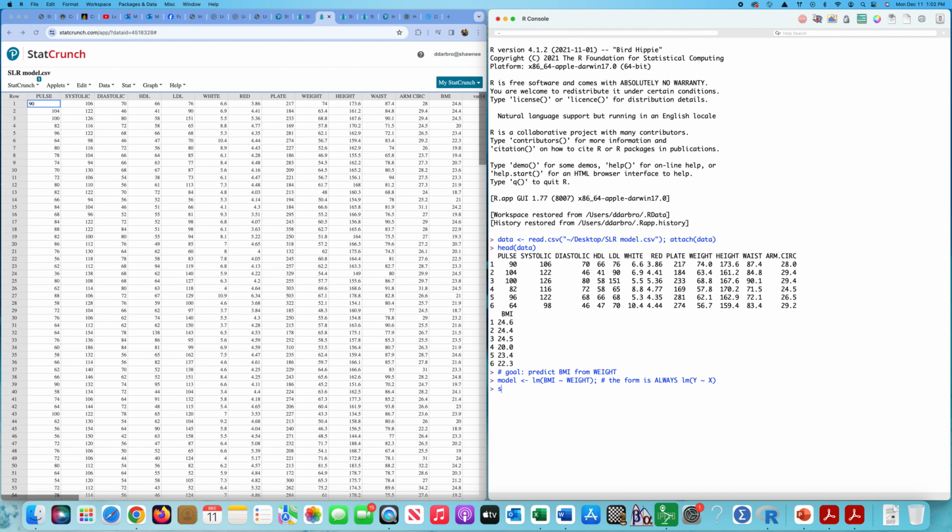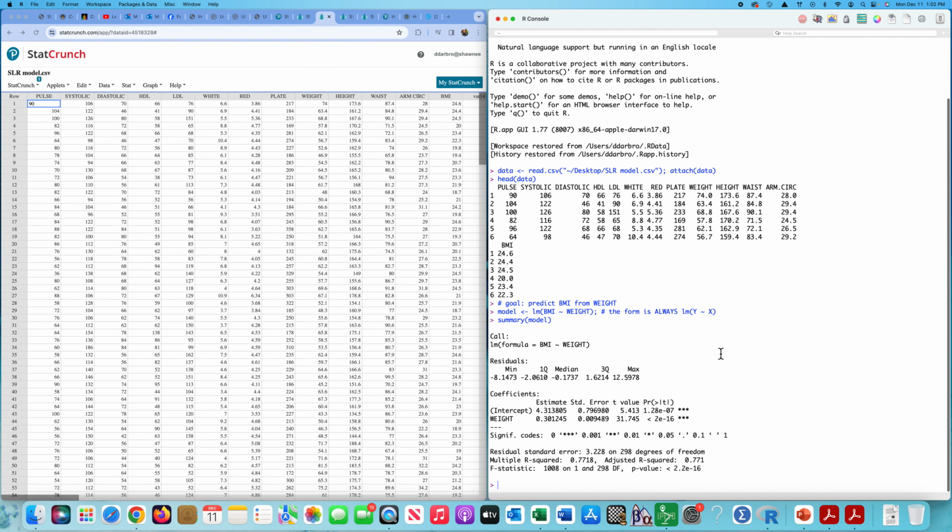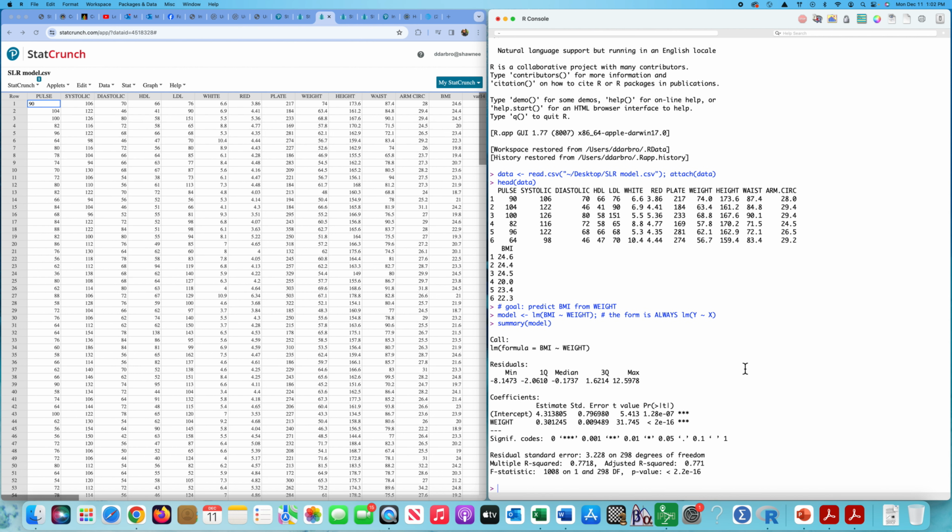Okay, so the next thing I do is summary of the model, and I get a lot of stuff. Let's go through this line by line, and you're going to want to take good notes here and write all this down to help you on assignments and everything. First, it calls the formula, predicting BMI from weight.